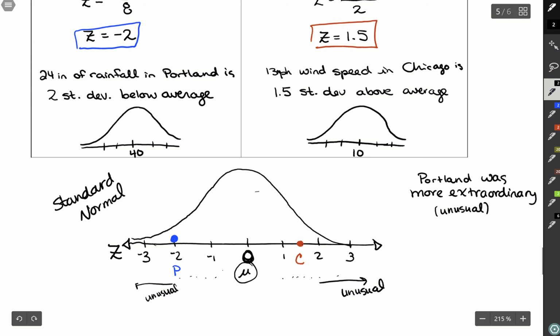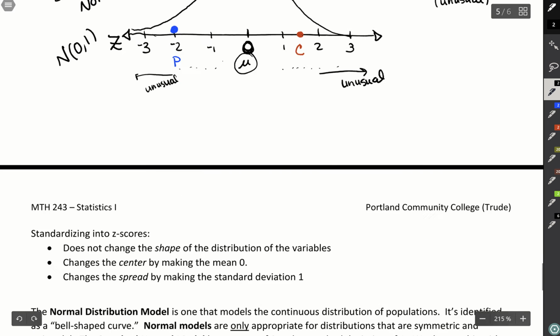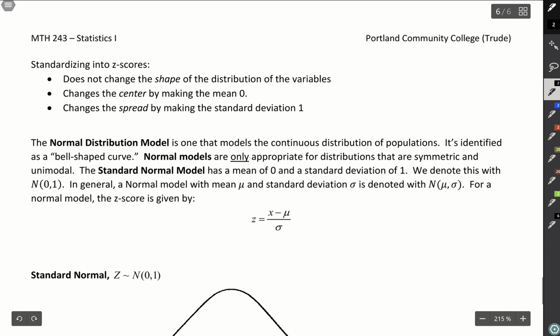So it's a curve specific to mapping z-scores, where we'll always have 0 in the middle and use these units of 1. So let's talk more about that. Standardizing into z-scores does not change the shape, so we're still going to have this bell-shaped curve. We're going to have a mean of 0, so there's our mean, and spread standard deviation of 1.